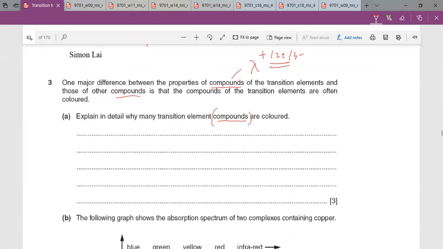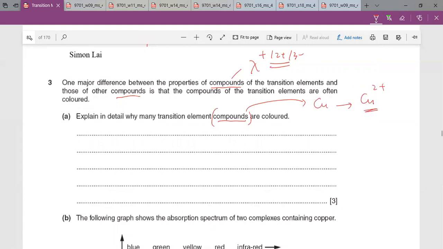If it's transition elements, they are not colored, because transition elements are metal, and metal, what color is metal? Metal is shiny because of the electrons there. So there's no color for elements. It's only color for compounds. And compounds are formed when the transition metals, like for example, copper, becomes copper 2+.